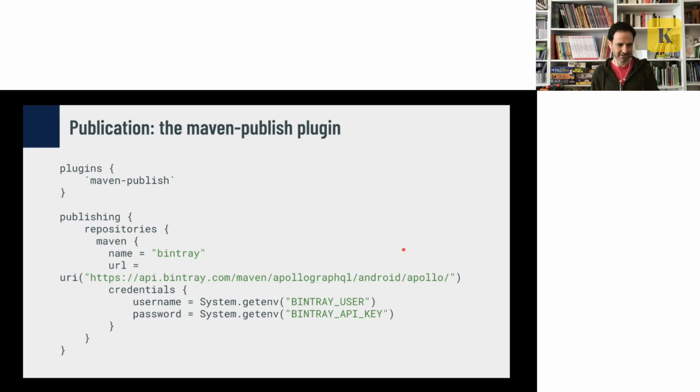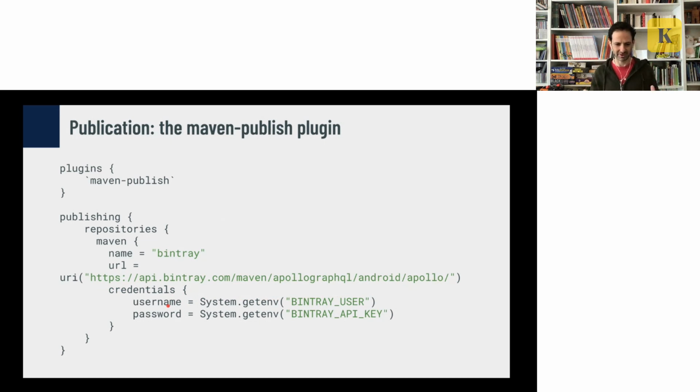And in the end, publication is just about making a post to some HTTP endpoint. So if you specify this, which is the Bintray API to upload your files, and your credentials, then it's basically all you need to upload your files.